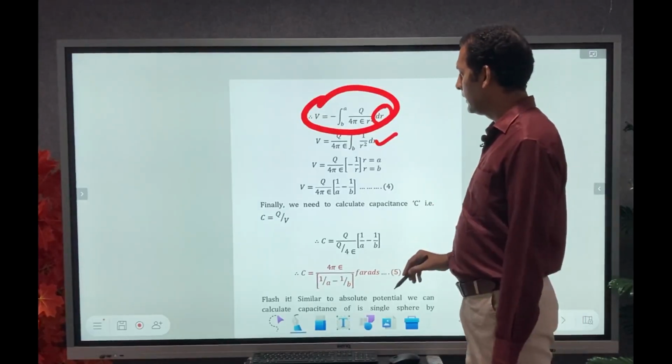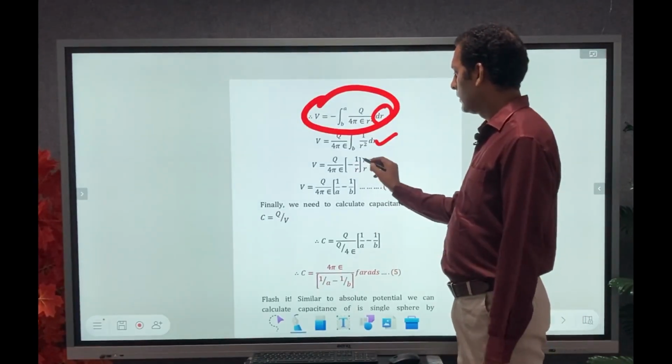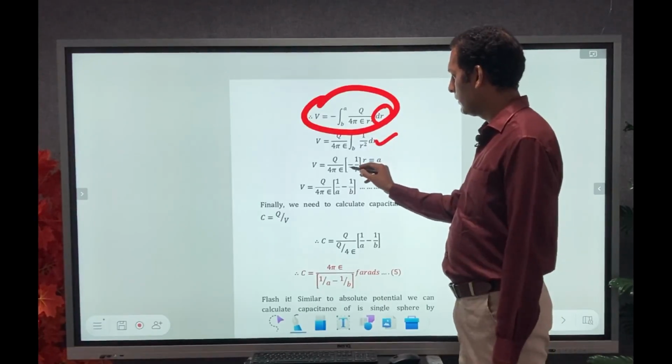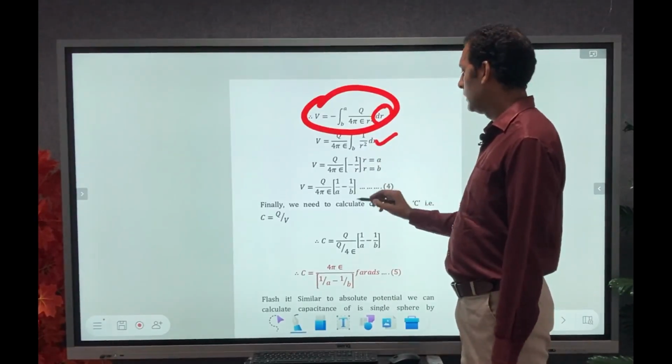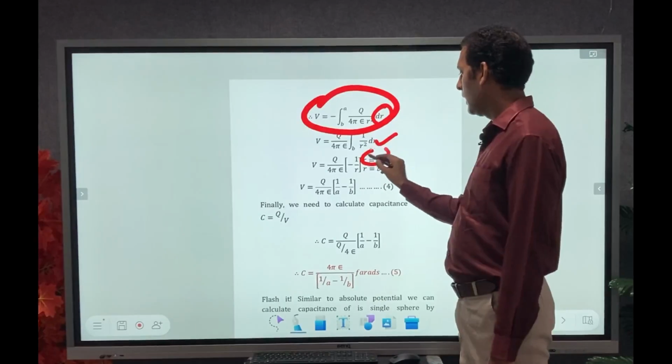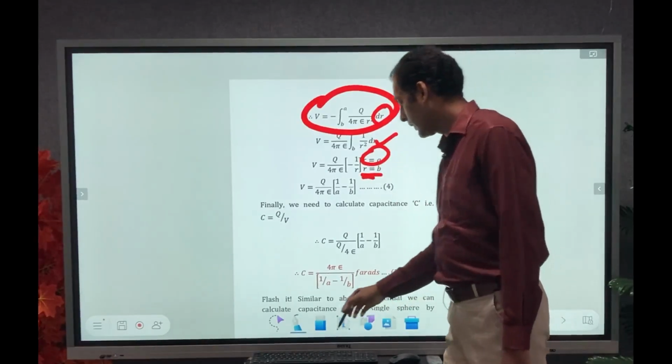If we take the integration of 1 upon r square, we will get minus 1 upon r. The limits will be for r equal to a to r equal to b.